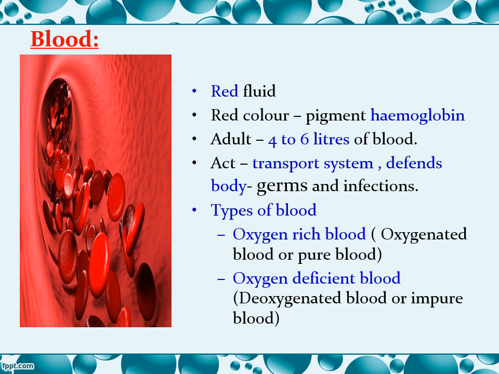In case of oxygen deficient blood, the amount of oxygen is less. The oxygen rich blood can otherwise be called pure blood or oxygenated blood. Oxygen deficient blood is otherwise called impure blood or deoxygenated blood.